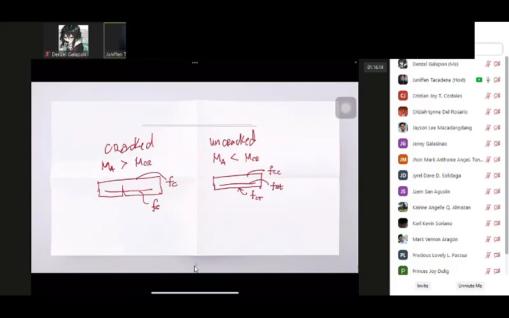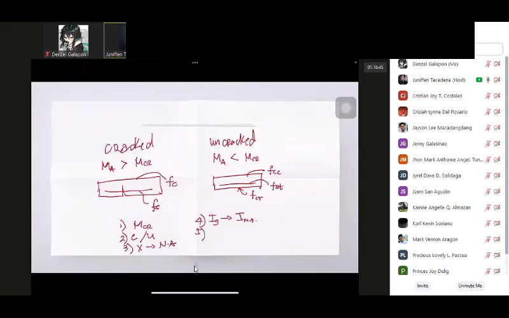Again, what are the steps? First, solve for MCR. Second, determine if cracked or uncracked. Third, solve for X to know the location of the neutral axis. Fourth, convert your IG into the transformed moment of inertia about the neutral axis.